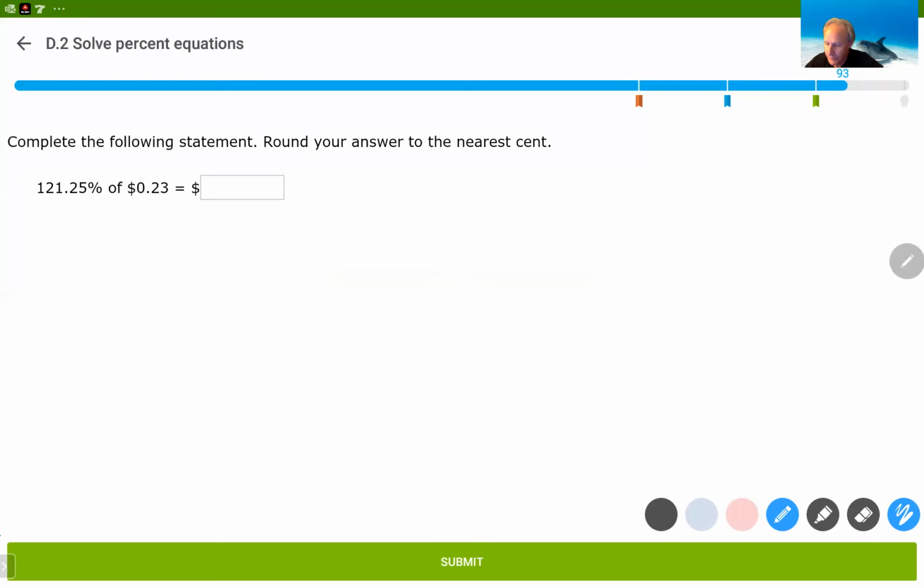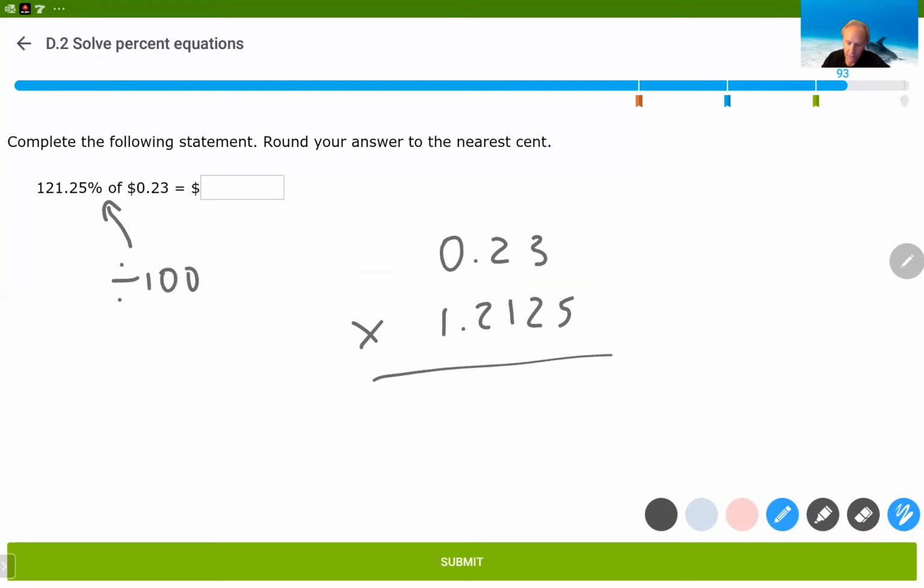Okay, this is percent of 23 cents. So we're going to take 23 cents and we're going to multiply by 1.2125. Remember, that percent is divided by 100, which moves the decimal and makes the number smaller by 2 places. And we're going to have to multiply that decimal.